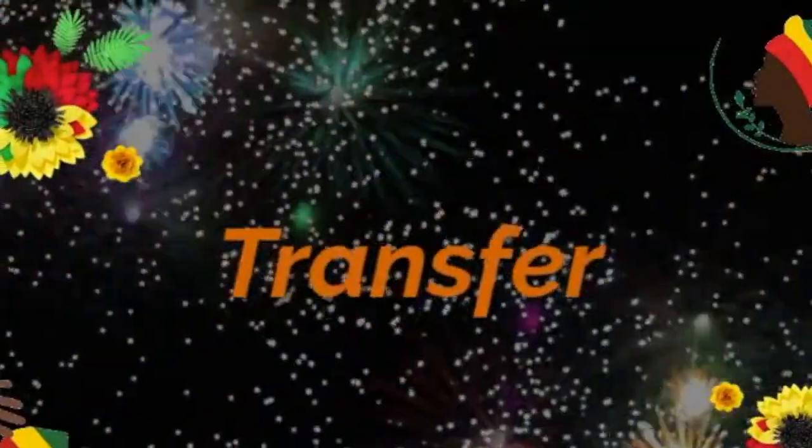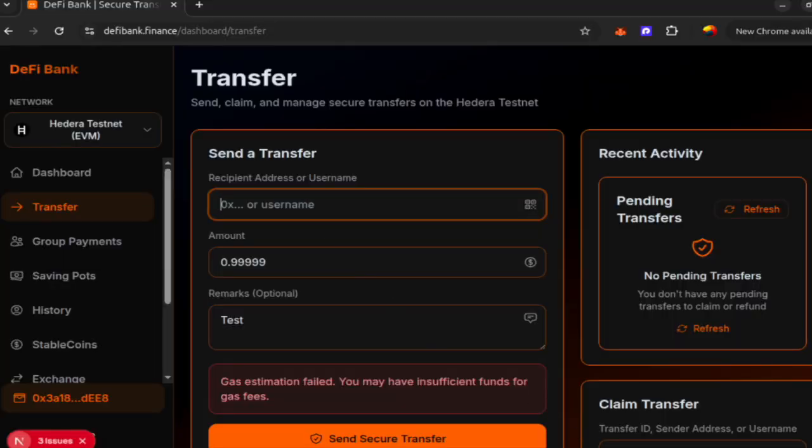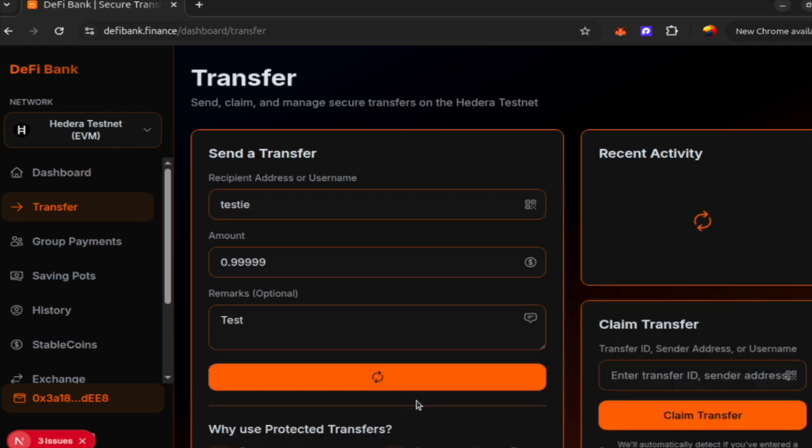Transfer. Let's create a transfer using a username. Sending some HBAR.